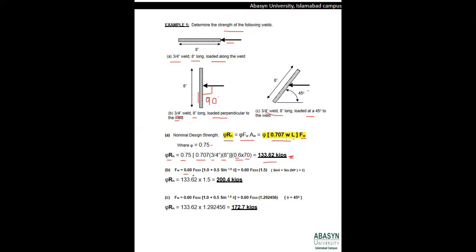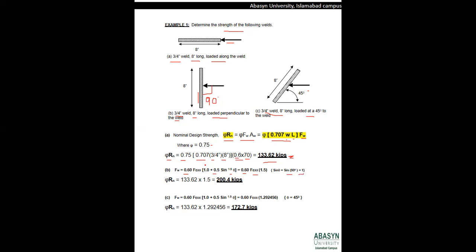which is 0.6 times FEXX times (1 plus 0.5 sine raised to power 1.5 theta). So it becomes 0.6 times FEXX times (1 plus 0.5 sine^1.5 theta). And theta in this case is 90 degrees, and sine 90 is equal to 1.